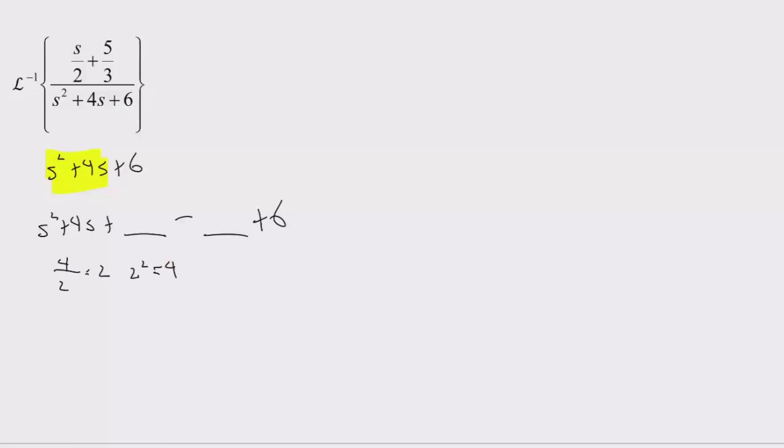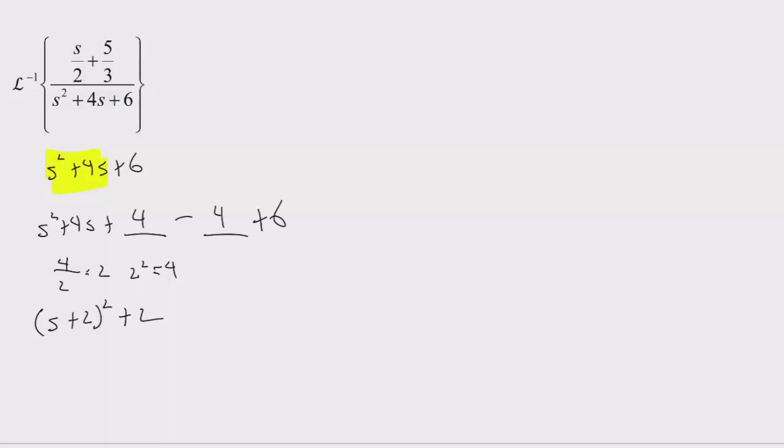So if I add 4 and subtract 4, I really haven't changed anything. I've just changed how it looks. But in completing the square, that allows me to write s plus 2 squared, minus 4 plus 6, plus 2.